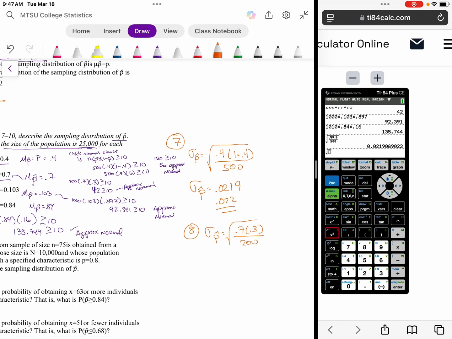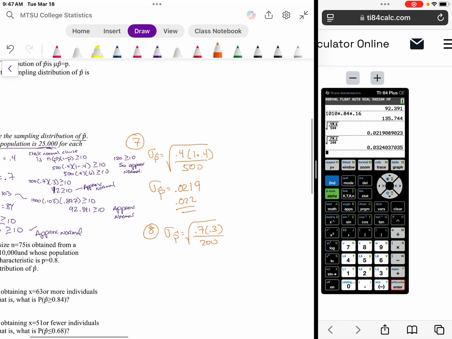So now it just becomes a calculator activity. 0.7 times 0.3 over 200. And I get that one has a standard deviation of 0.0324.